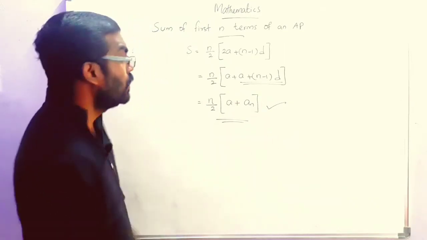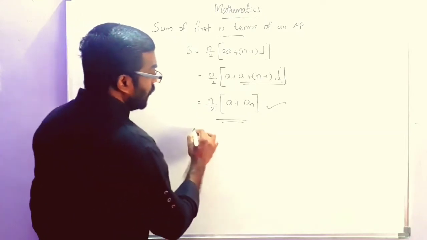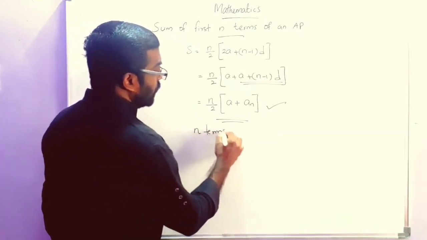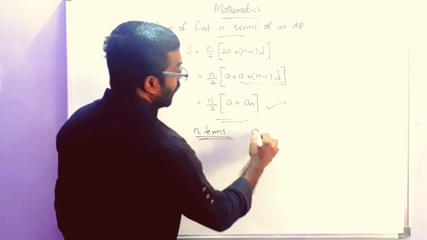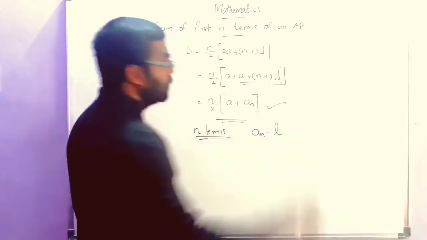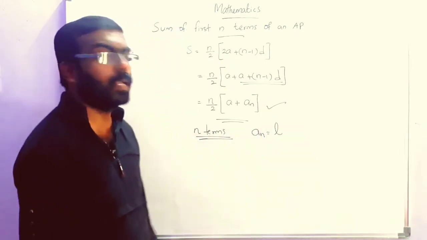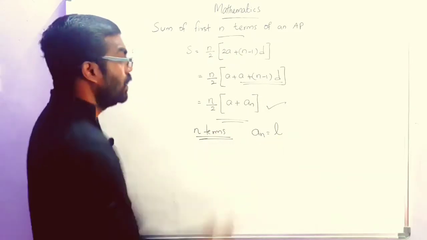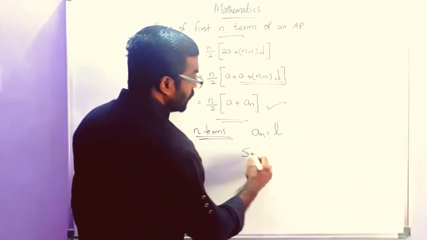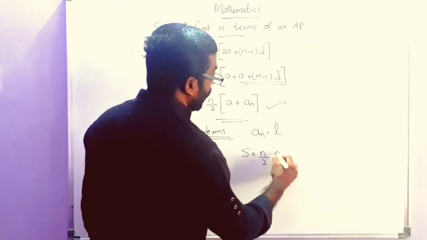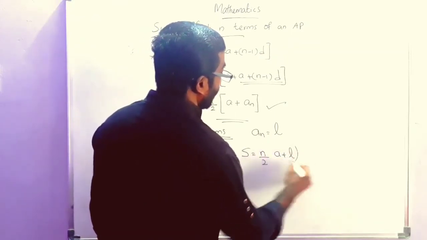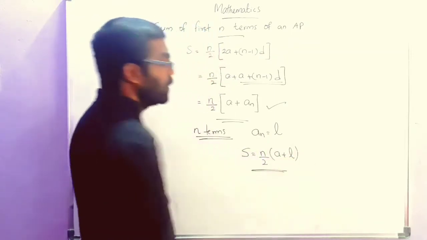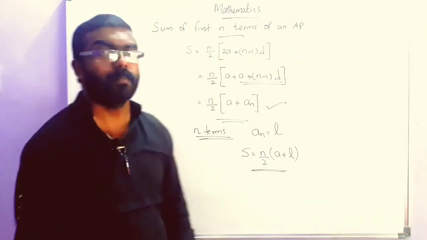Clear? Now if there are n terms, then An will be the last term. An is equal to L. We can denote it by L. So the formula becomes S is equal to n by 2 into A plus L. So this is another formula to find the sum.